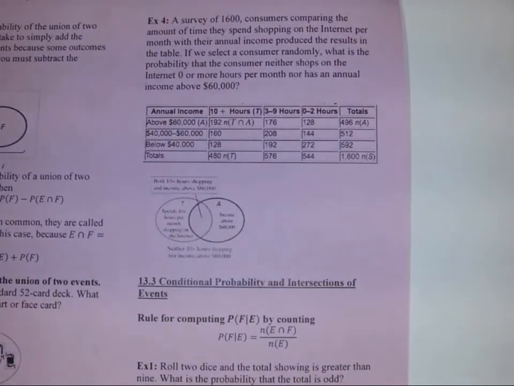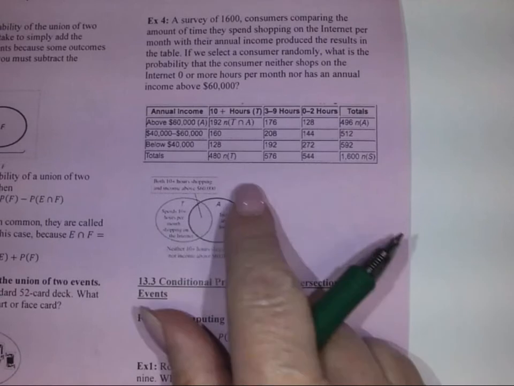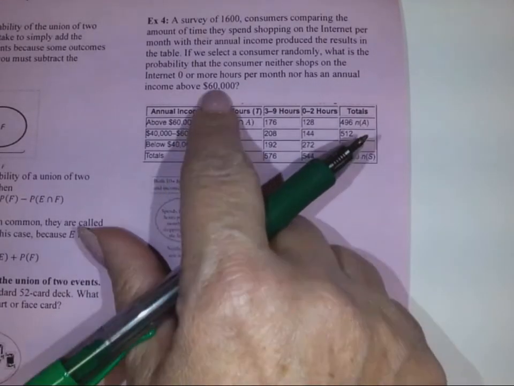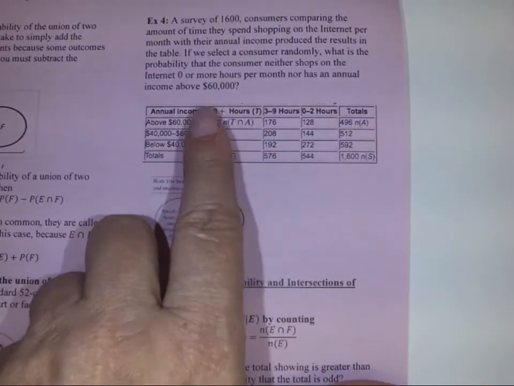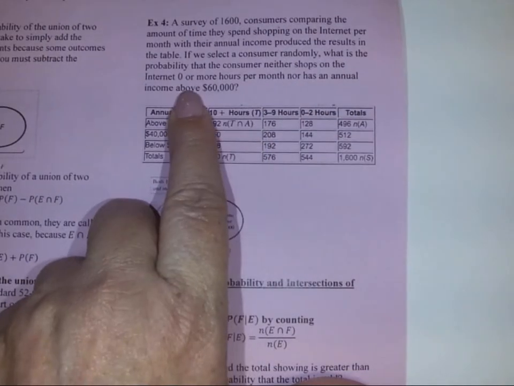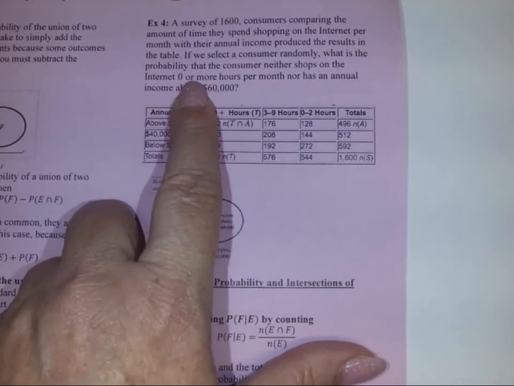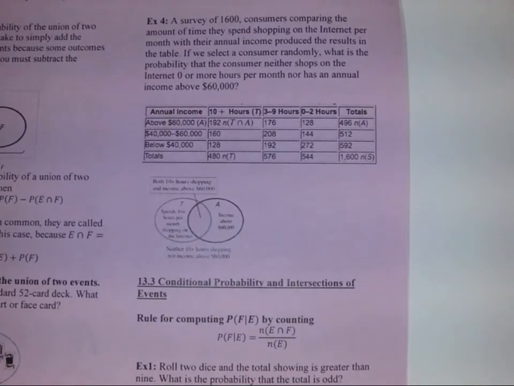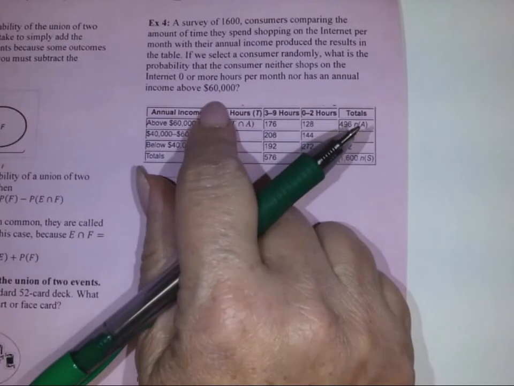The consumer neither shops on the internet, and we'll see how it goes here, or more hours per month, nor has an annual income above 60,000.